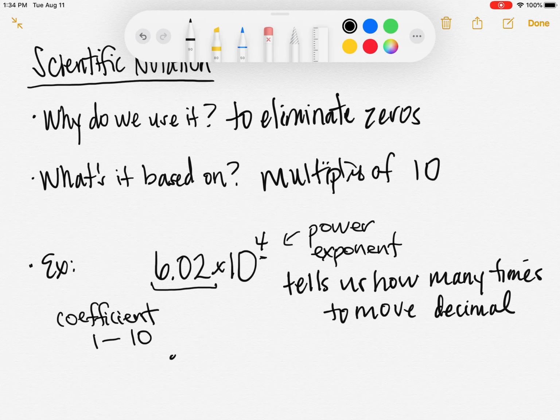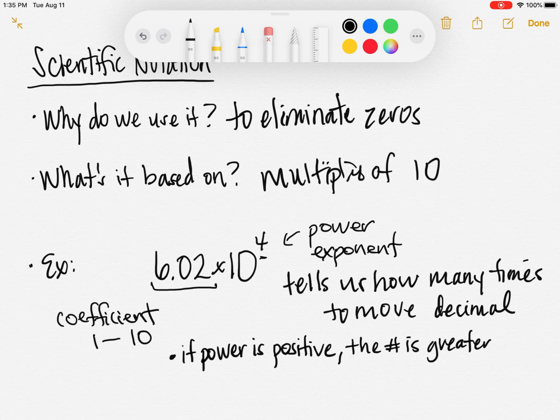So I teach, if the power is positive, then the number is greater than 1. Okay, or often I refer to that as a large number.